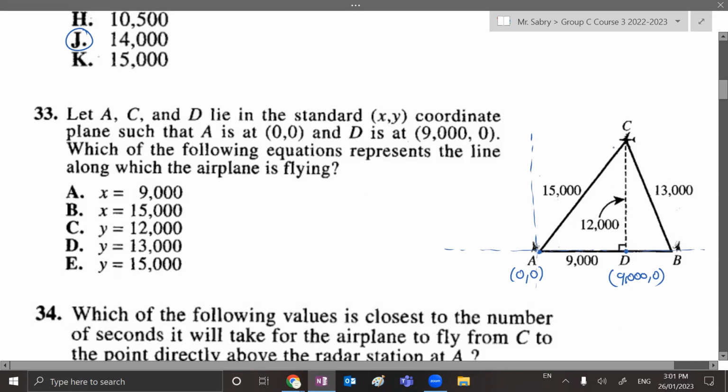If this perpendicular line is 12,000, this means that this point C here on the Y is at 12,000. This point B here on the x-axis itself is at 14,000 because I just calculated that.